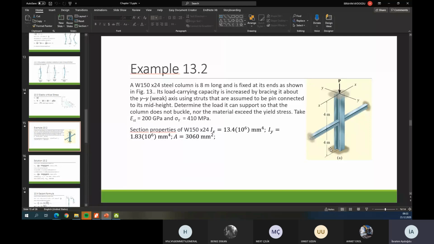Therefore, we take the full length of the column, which is equal to 8. Do you understand the meaning of the unbraced length of a column? I think this is clear.